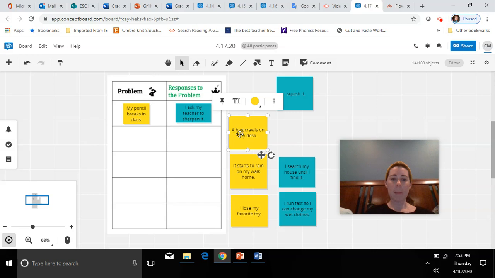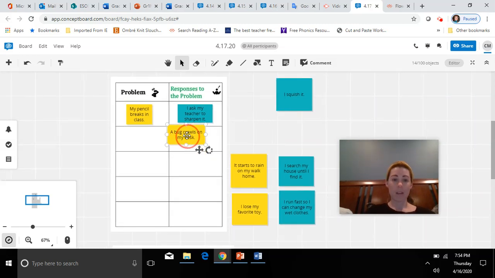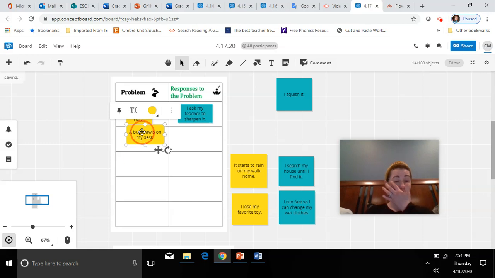Let's see. A bug crawls on my desk. Think about what would you do to solve that problem if a bug crawls on your desk at school. Maybe you solve the problem by running away if you really, really don't like bugs.